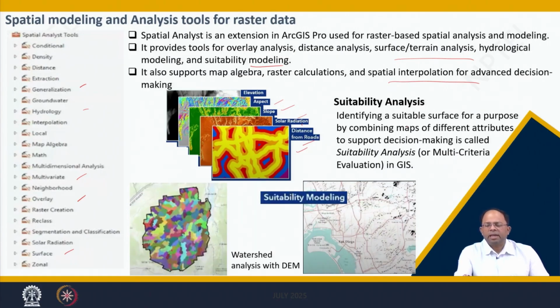That is, we are identifying a suitable surface for a purpose by combining maps of different attributes to support decision making, and this is called suitability analysis or multi-criteria evaluation in GIS. So this is one way to do that. And we can also do other things like watershed analysis with digital elevation models, and then we can do suitability modeling as well. So it's not only just putting layers and all, but also we can do some form of prediction as well.